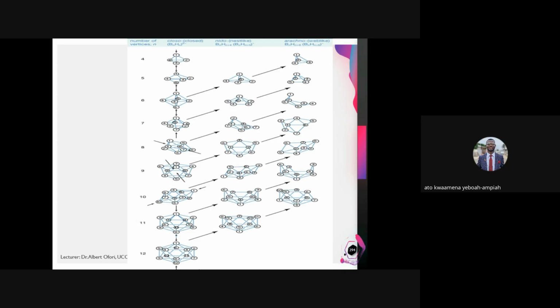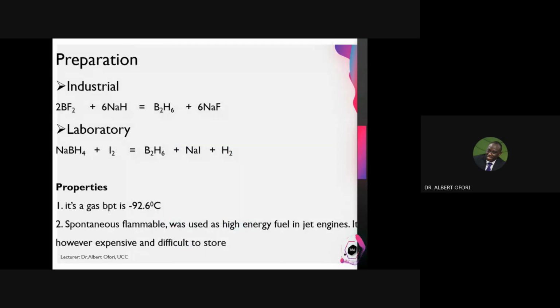Okay, so that is just that. Now we can prepare the boranes, both from the industrial form or the laboratory form. In the industrial, they use boron fluoride. Please help me correct this. Let me correct it and then bring it back.